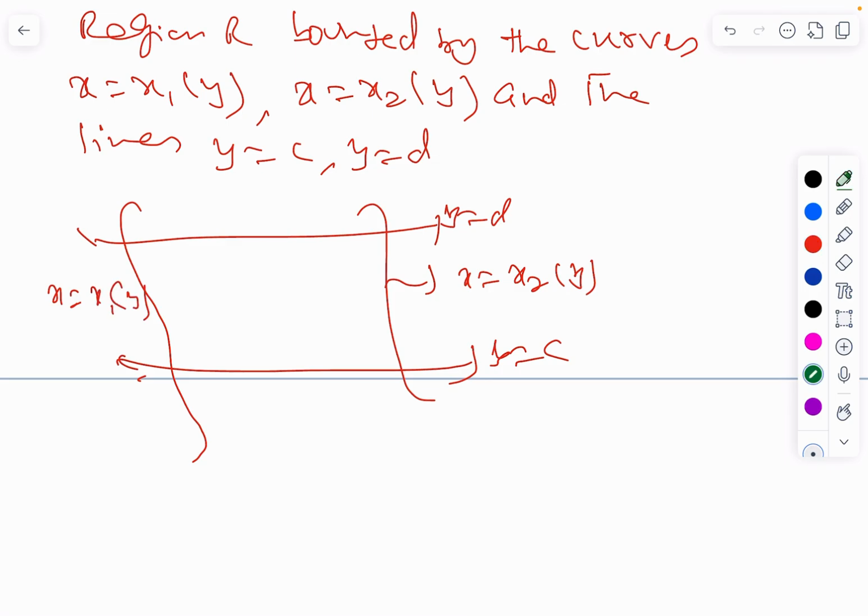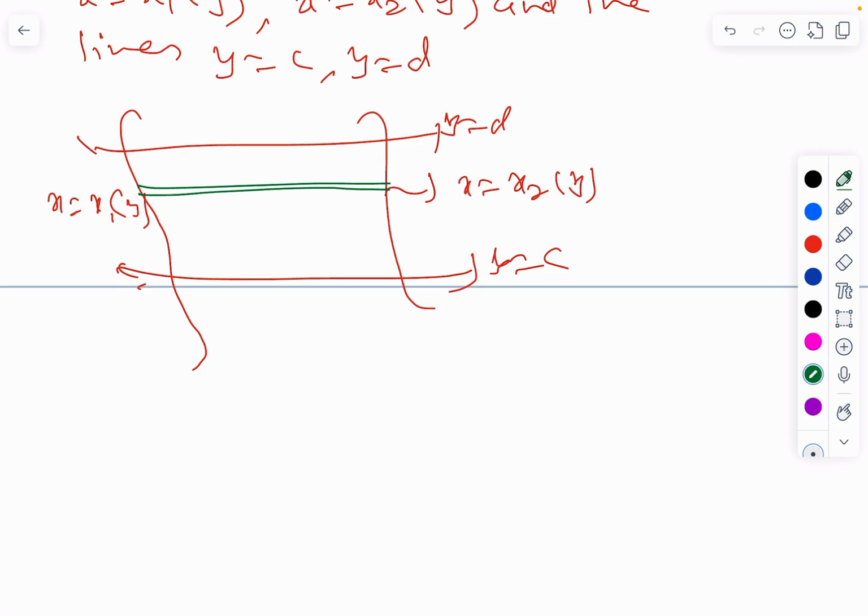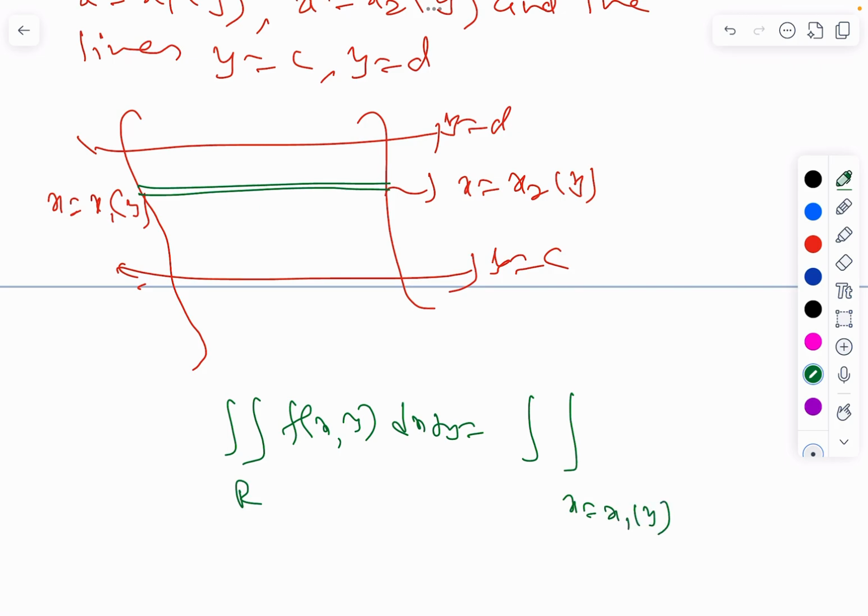Here we take the horizontal strip inside the region, and then we find the limits of integration and solve. So the integration can be solved like this: x equal to x1(y) to x2(y), y equal to c to y equal to d, f(x,y) dx dy.